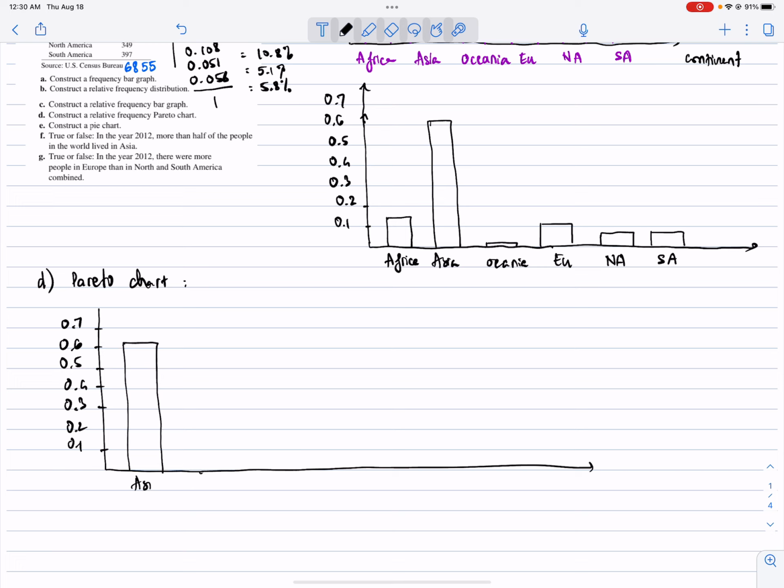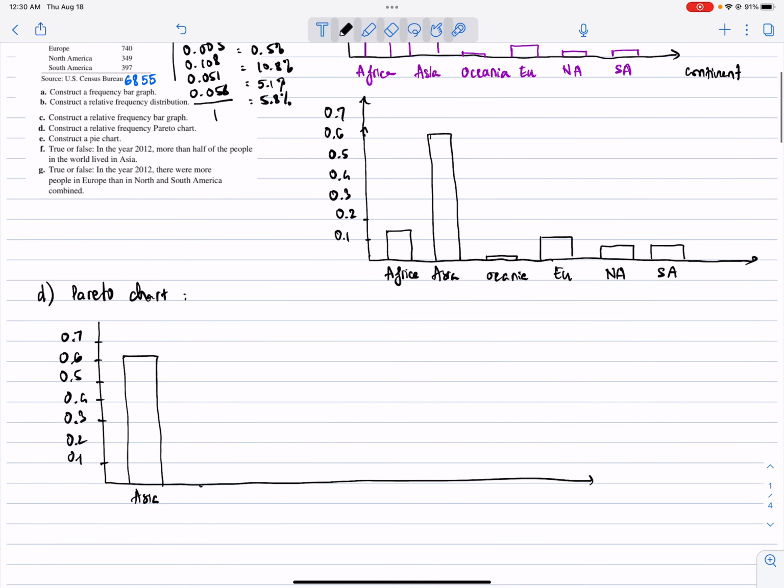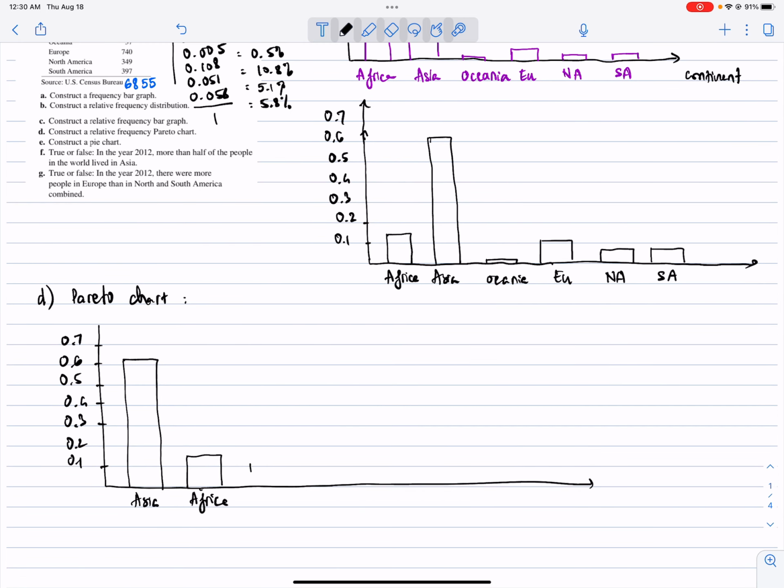So this is Asia. The next one is Africa. And then the next one is Europe. So we finished this one, this one, this one, this one.